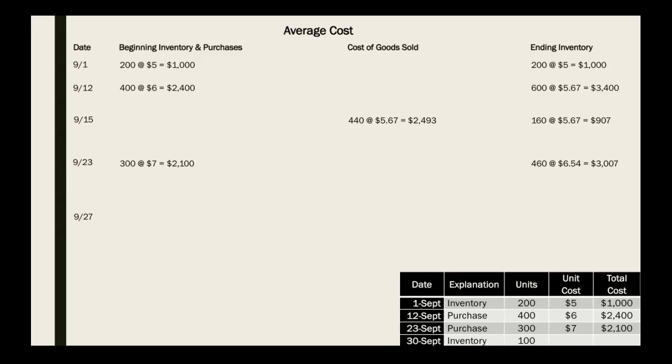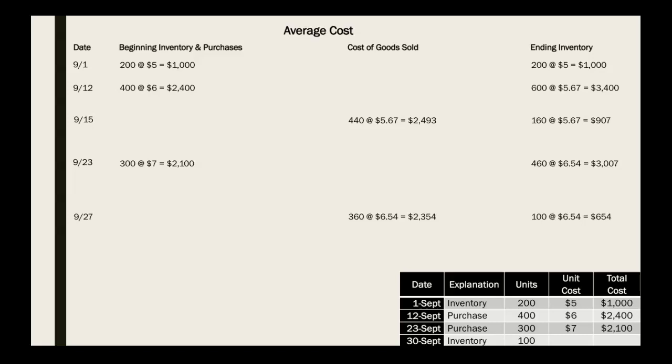Now, on the 27th, we sold 360 units. So, all 360 will be at the most recent average unit cost. So, 360 units at $6.54 equals 2,354, leaving us with 100 units remaining.